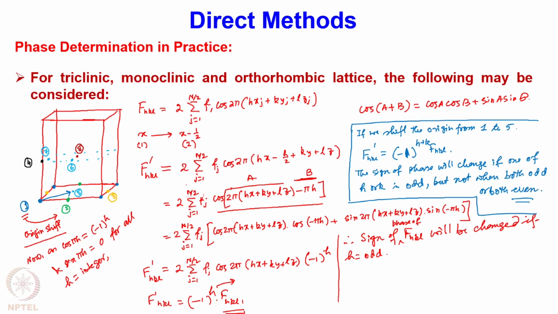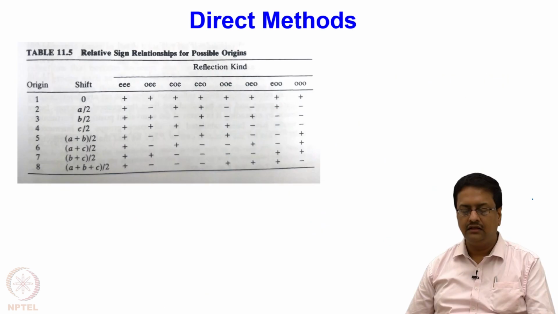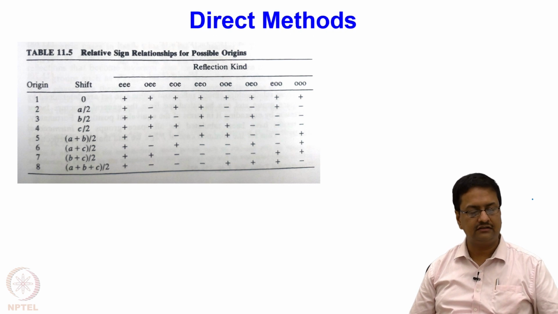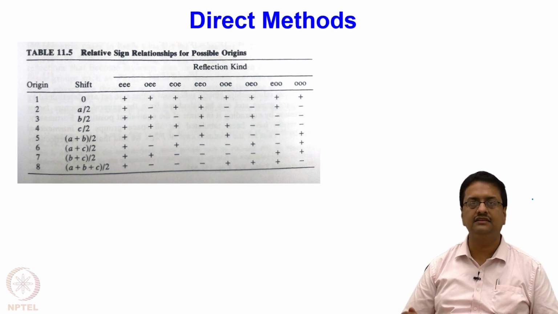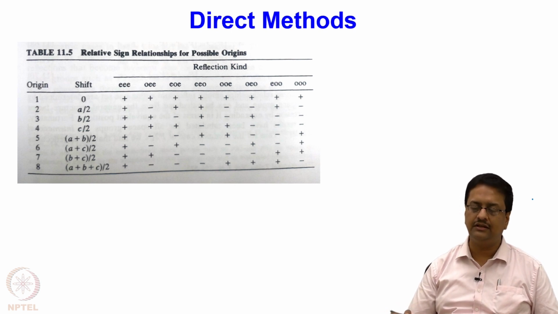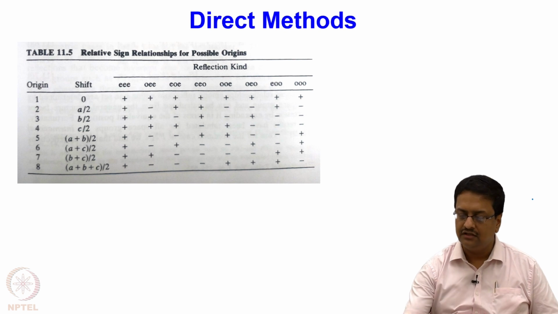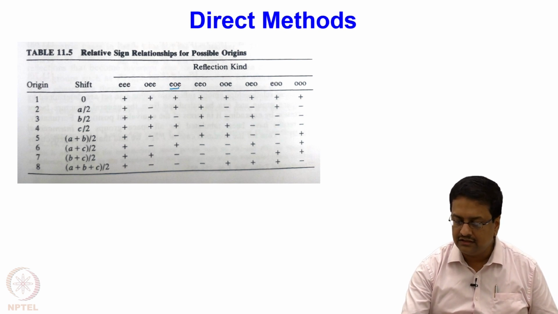So, these signs or symbols of these phases will help us in guiding to guess the correct phases of various reflections. Here we have a particular tabular form where we have listed what should be the signs of phases of various sets of reflections with the values HKL even, odd, even, like here.